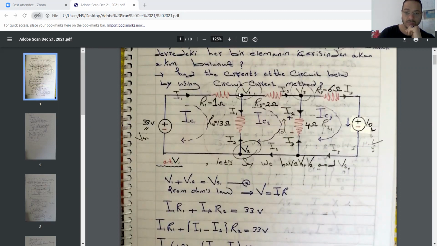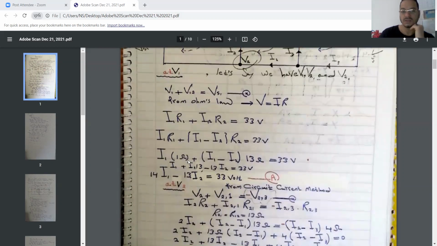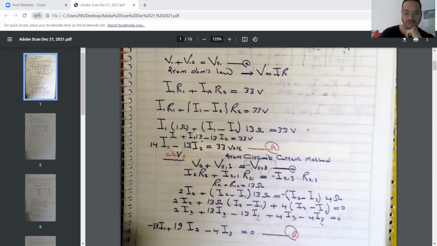V1 plus V12, that means V1 minus V2 divided by 13 ohm, equal VS1, and from Ohm's law it will be I1 R1 like that. I12 equals I1 minus I2 dot R2 equal 33 volts, VS1.